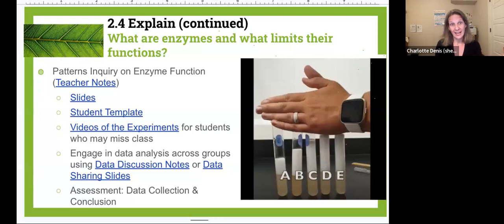And not only that, but they are responsible for sharing their information in the data discussion, so that everyone shares, and at the end, everyone knows how all of the different variables affect the outcome.